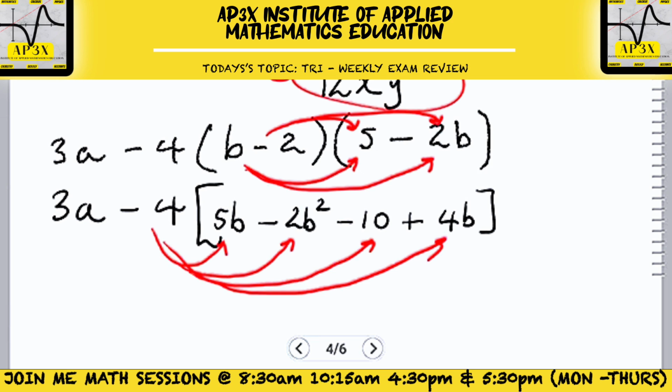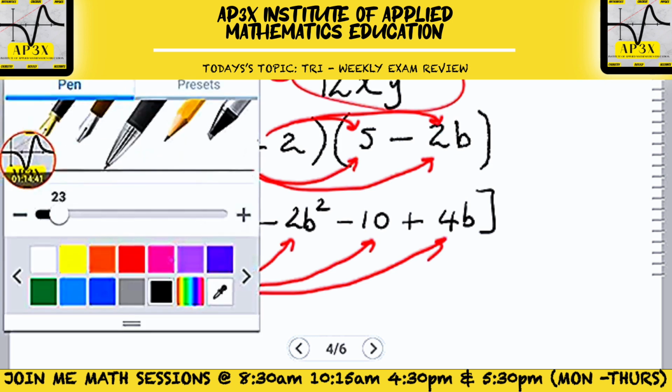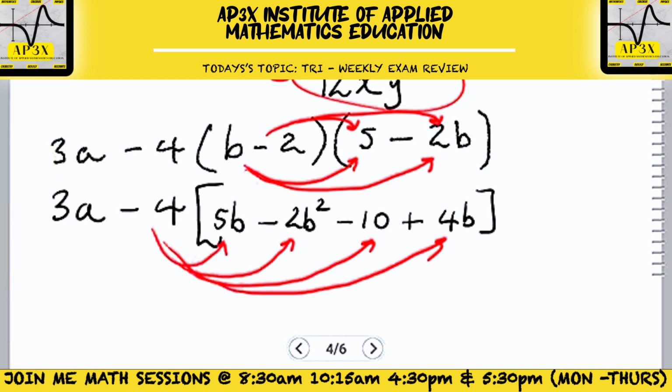What we're looking at then is, in fact, say here 3a, so what we have then is in fact 3a, take away, let's distribute, negative 4 times 5b, that is negative 20b. I could simplify here if I wanted to by adding the 5b to the 4b, but I think I just want to keep it simple, just distribute, just do one thing at a time.